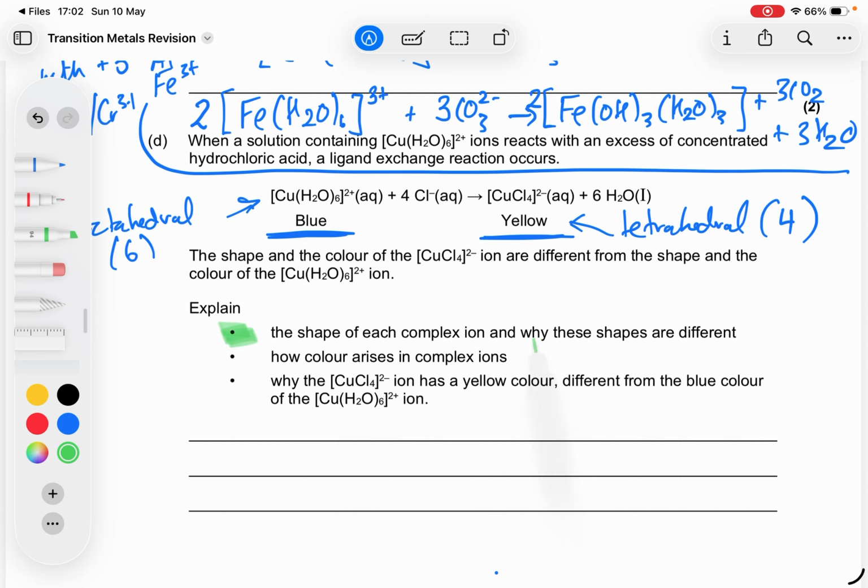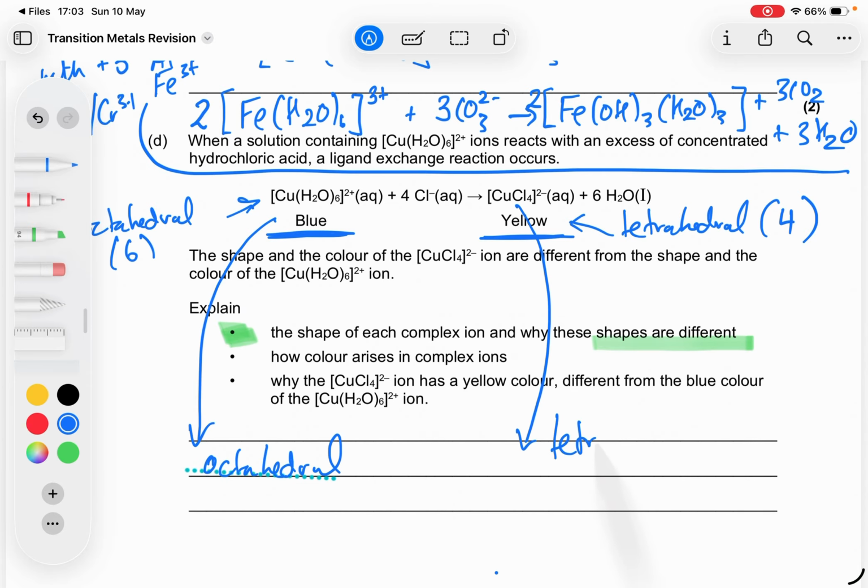The shape of each complex and why these shapes are different. Number one, all complexes with coordination number of 6 are octahedral. All with 4, as you know, are tetrahedral, except cisplatin, which is square planar.